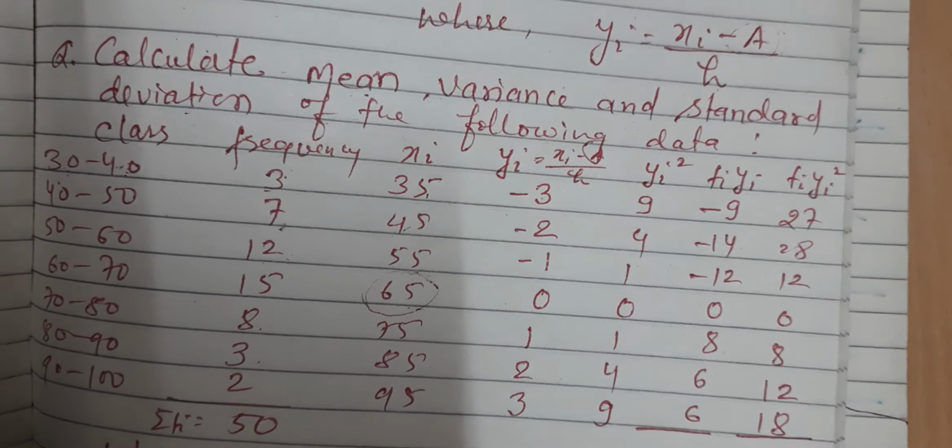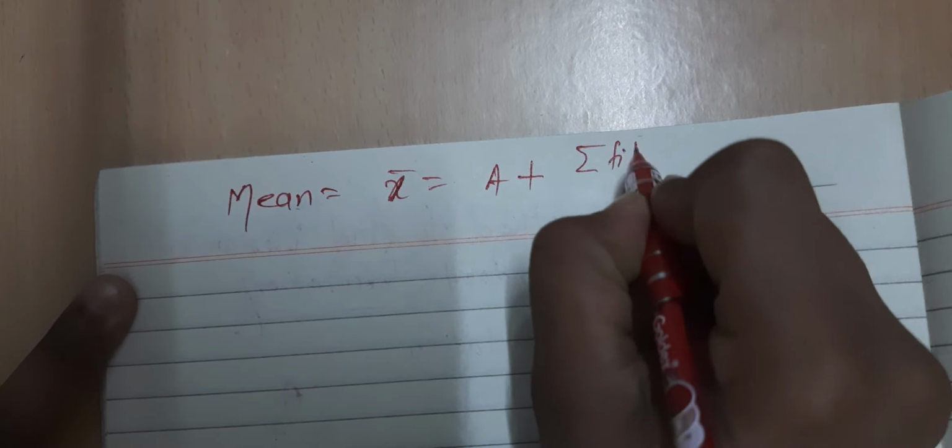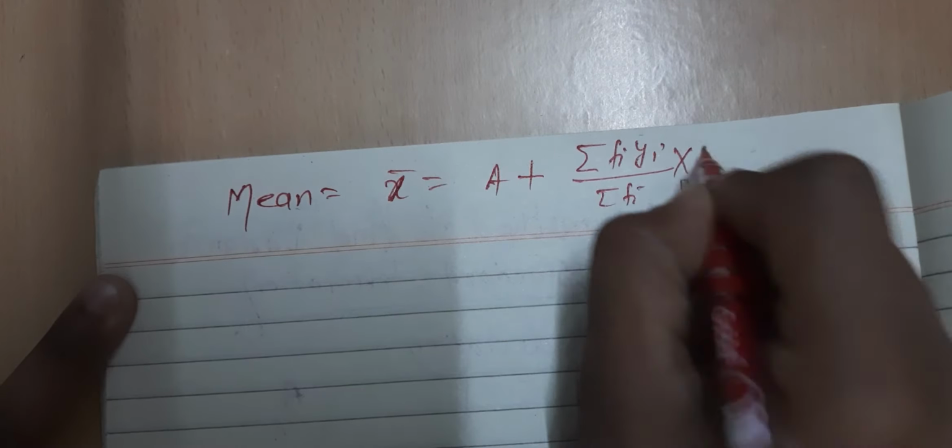Now we have to put all the values in the formula, but here we also need to find the mean. So first we'll find the mean. Mean by the assumed mean method is a plus sigma fiyi by sigma fi, multiplied by h.